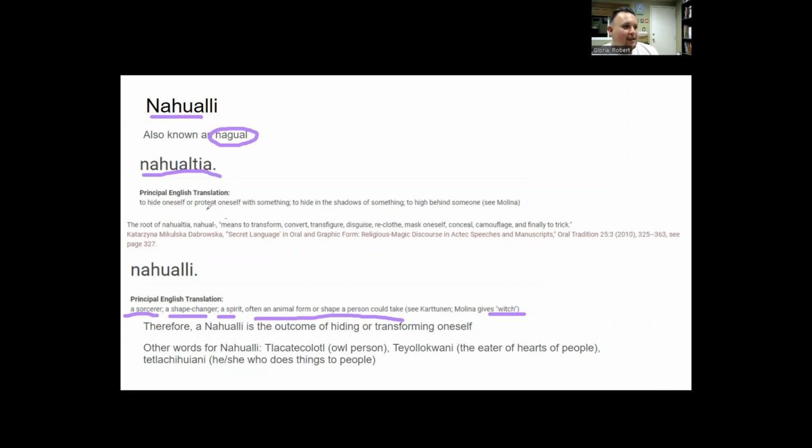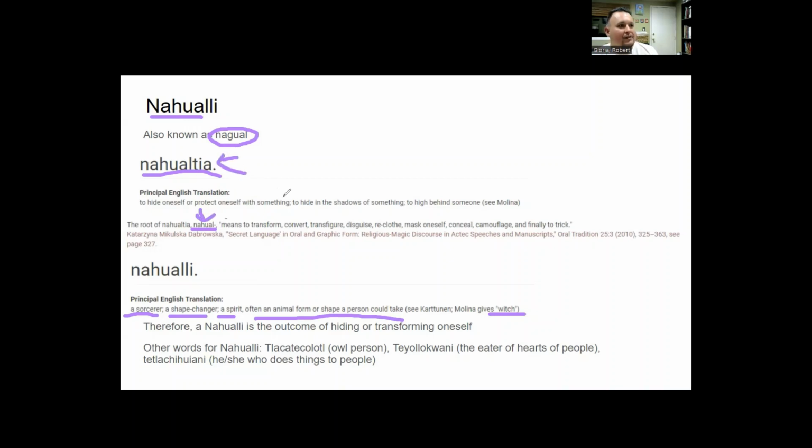Now, there's also the root of nahualtia, yet another verb here, nahual, and this is to transform, to convert, to transfigure, to disguise, to reclothe, to mask oneself, to camouflage, trick. So this is why there's so many multiple layers of meaning for this word, because there's two different verbs that are contained within it.